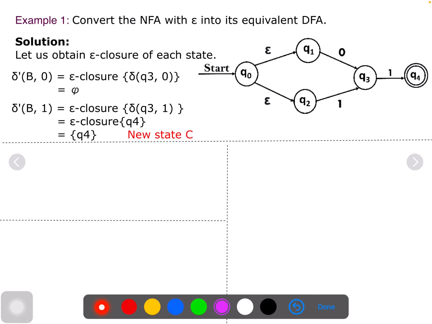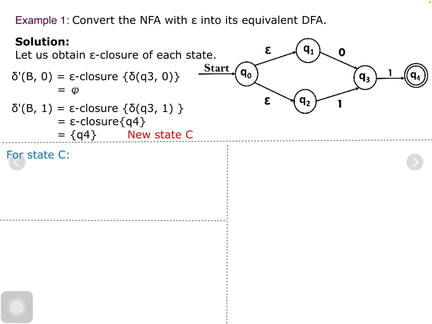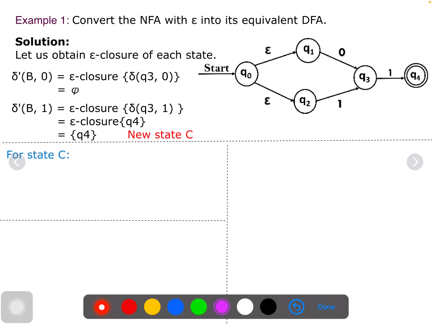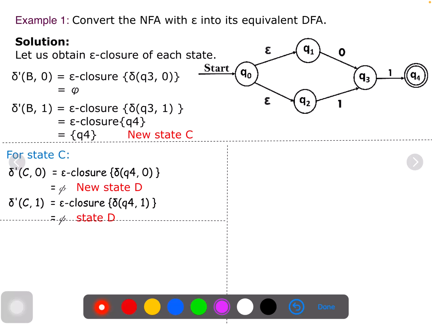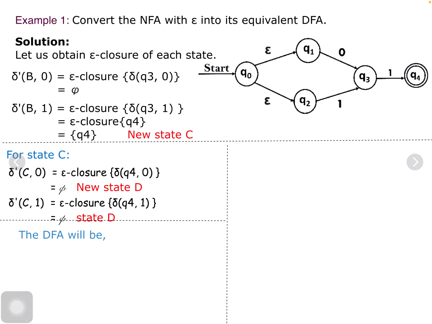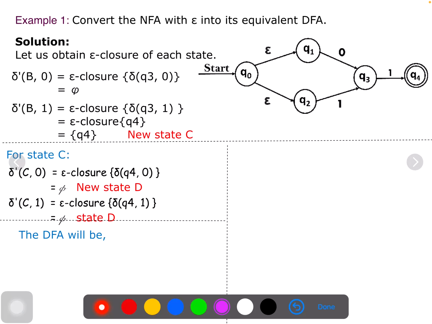B comma 1, E closure of Q3 comma 1 goes to Q4. That is not the same as B or A, so you rename it as state C. For state C, C on 0, Q4 on 0 is phi, and on 1 there is also no transition, so it goes to a new state D.